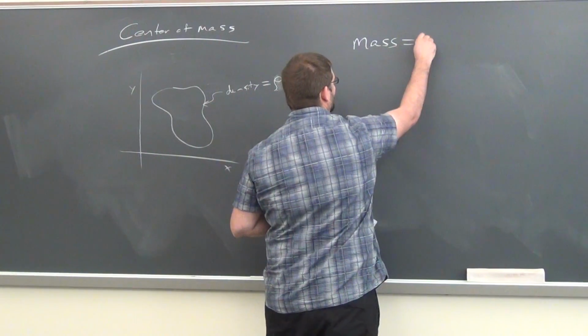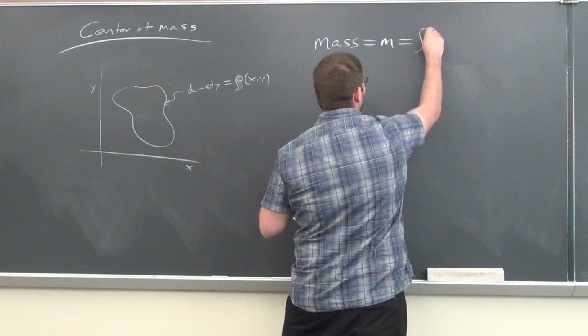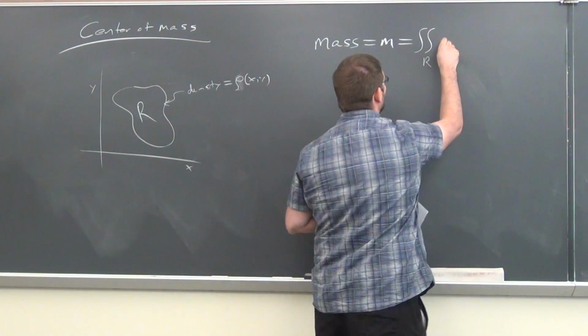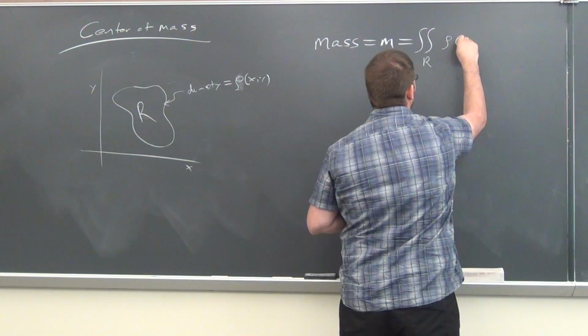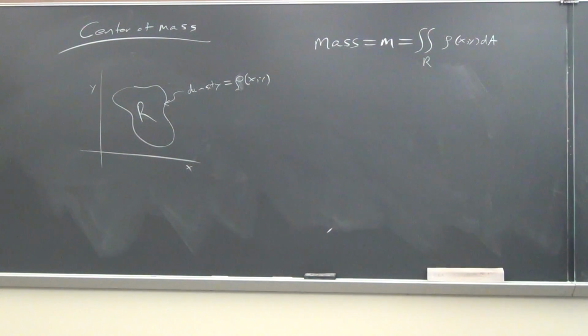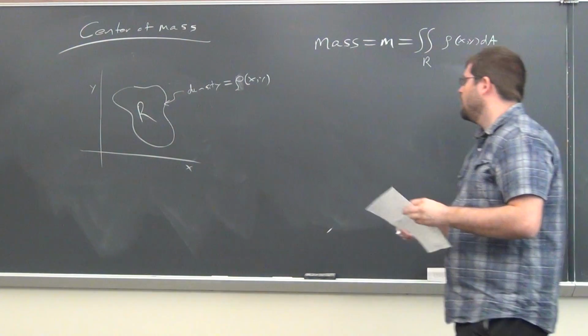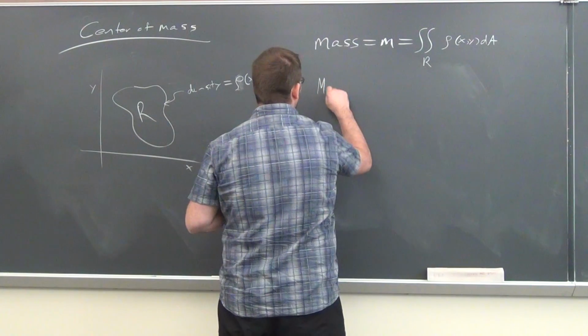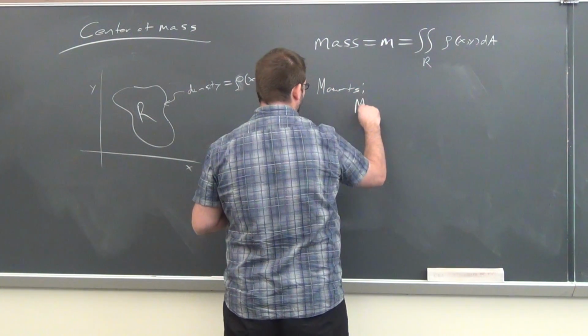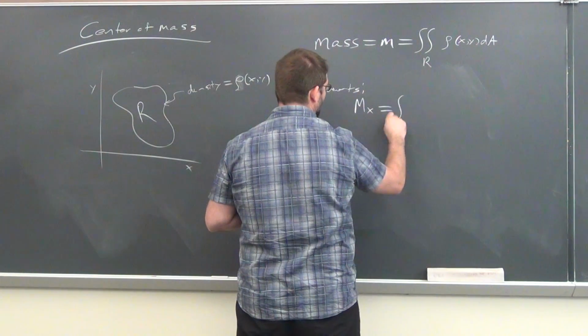The mass, which we'll call little m, is just a double integral, let's call this region R again, over the region of your density function. Okay. All right. And then let's just say moments. M sub x.